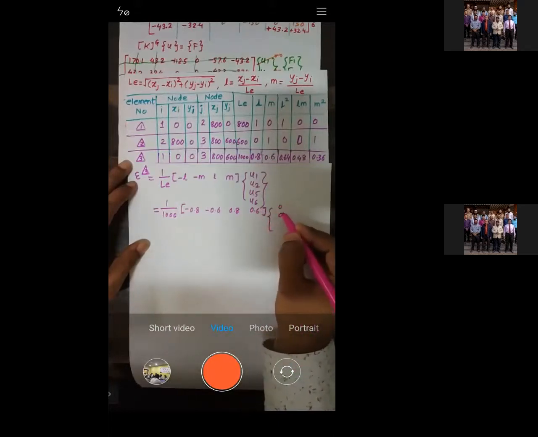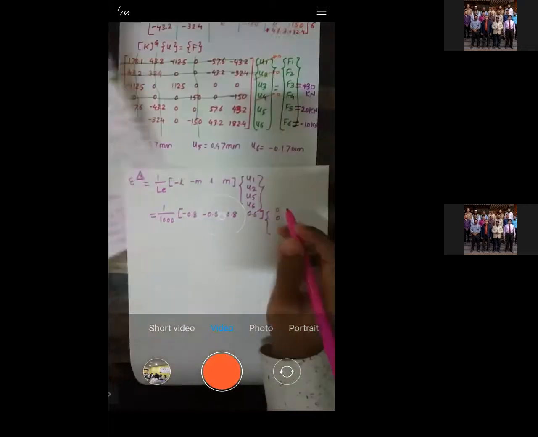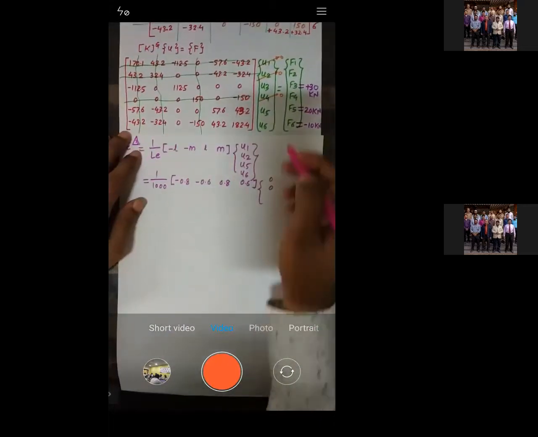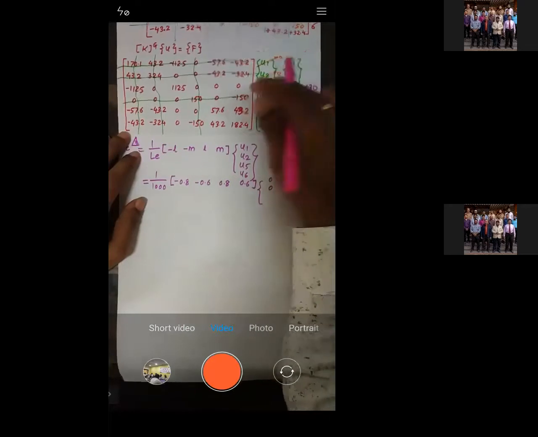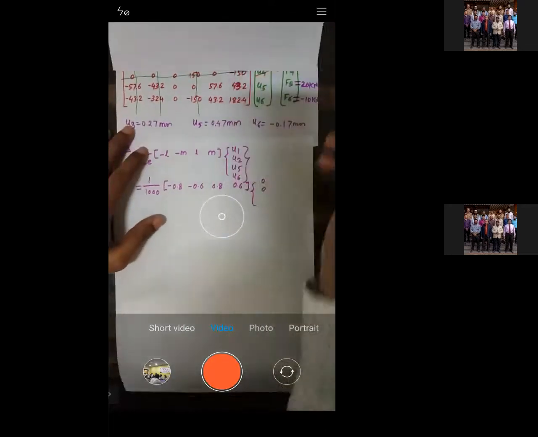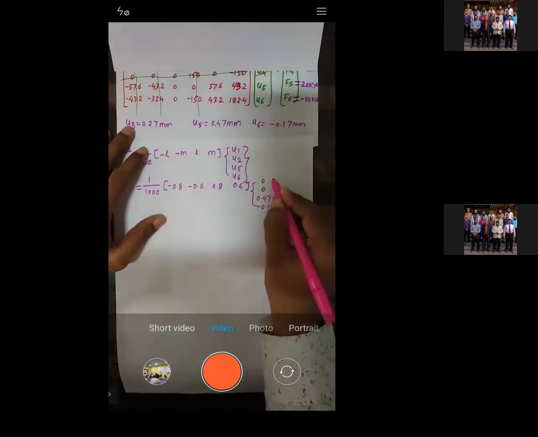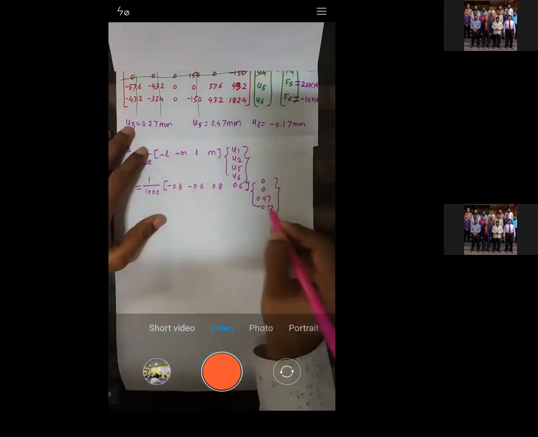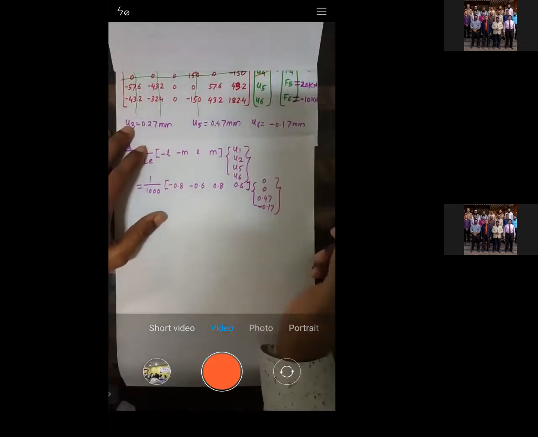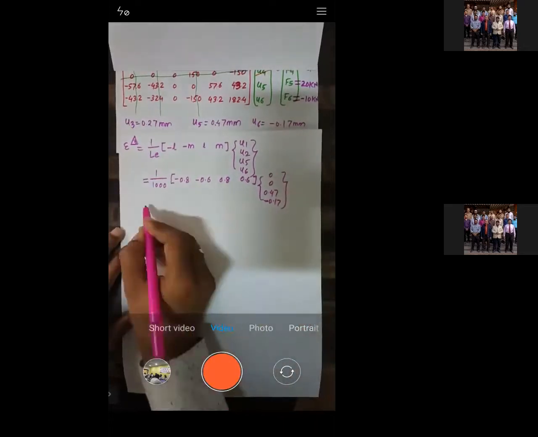U1 and U2 are 0, you can check it. U5 and U6 we have already calculated: 0.47 and minus 0.1.